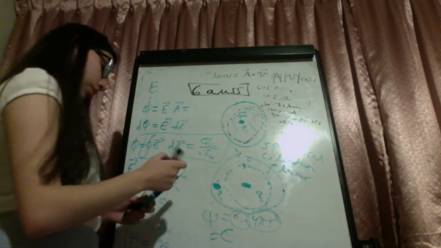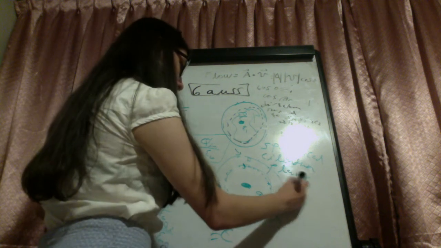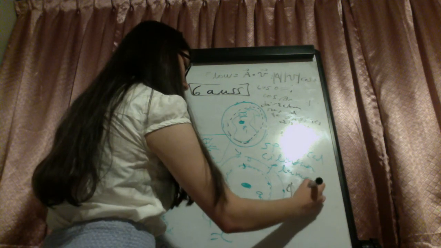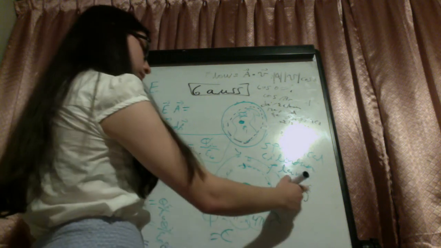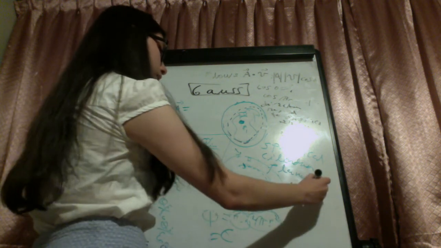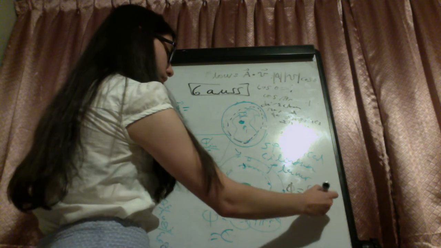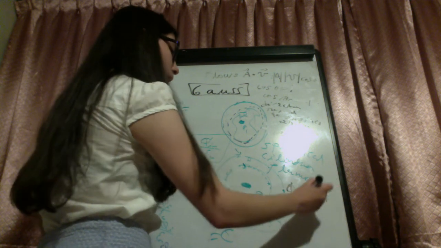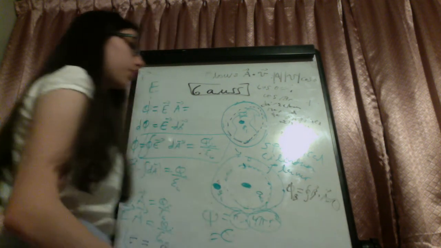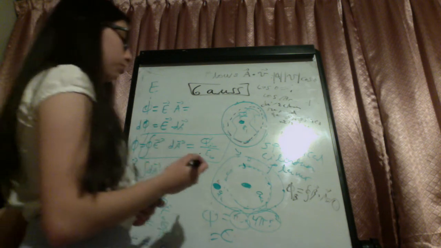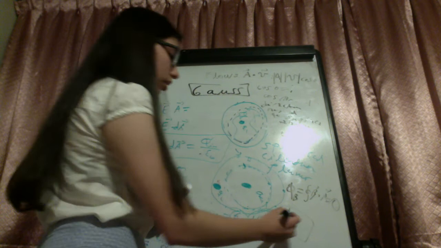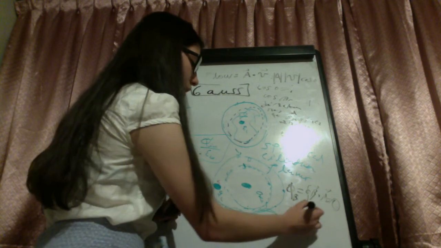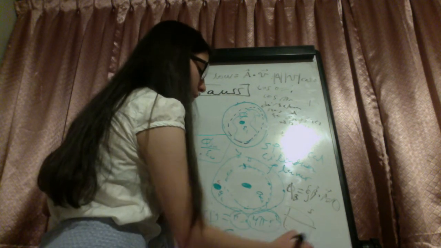It would be just that the magnetic flux is equal to the closed integral of the magnetic field dot the area, but this will always be equal to 0 because when we have a magnet, we have a south pole and a north pole.